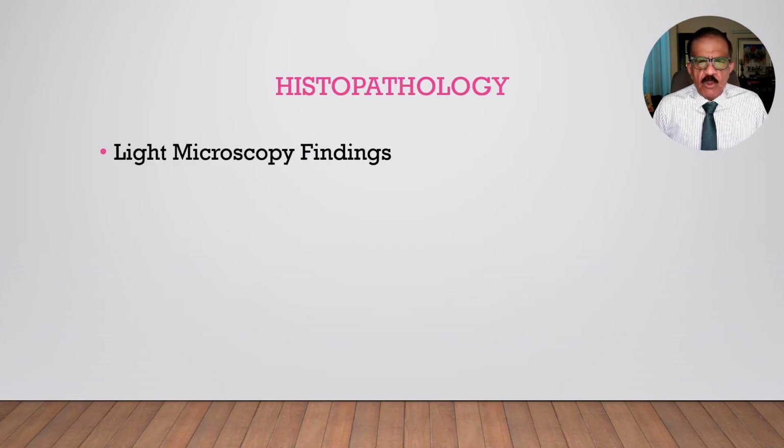Now, histopathology on light microscopy, there may not be much. There would be, of course, some inflammation, some cellular infiltrate into the glomeruli. All types of cells, neutrophils and monocytes and lymphocytes will be seen, but it might not be very impressive in minimal change disease. But in other types, there will be more significant abnormalities.